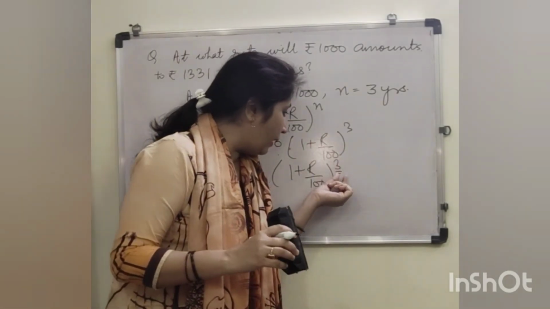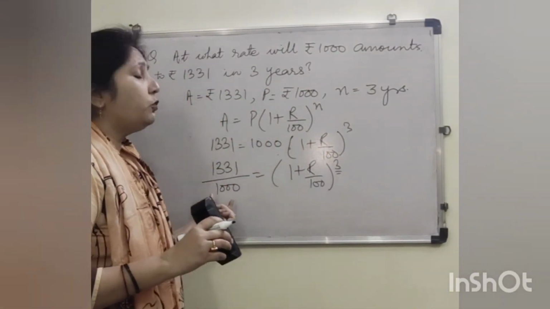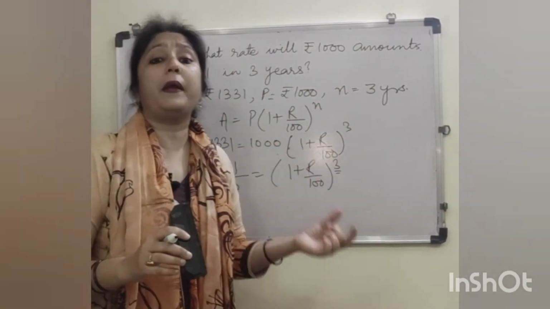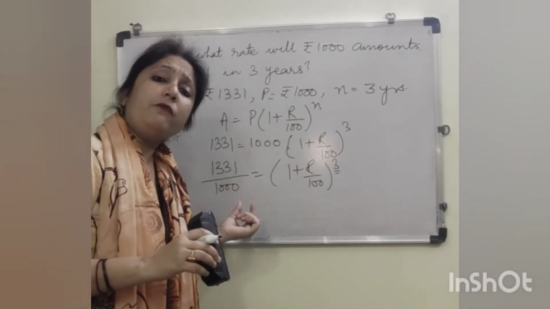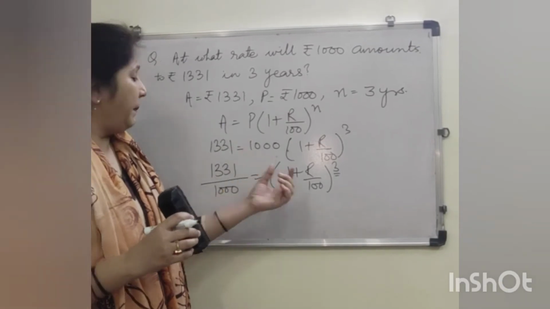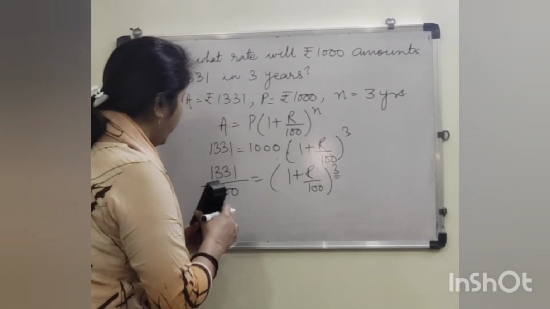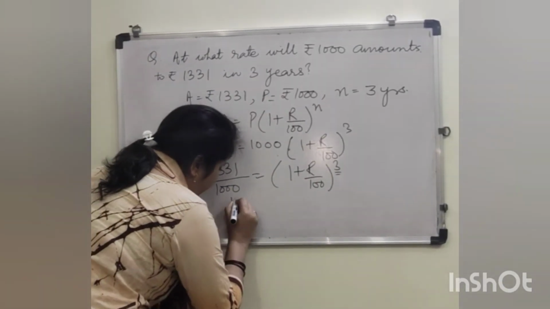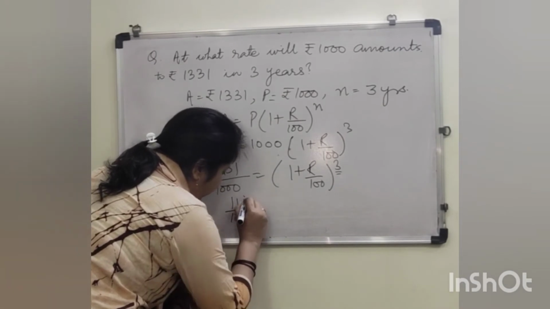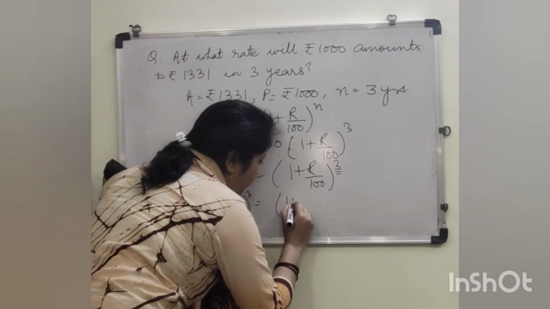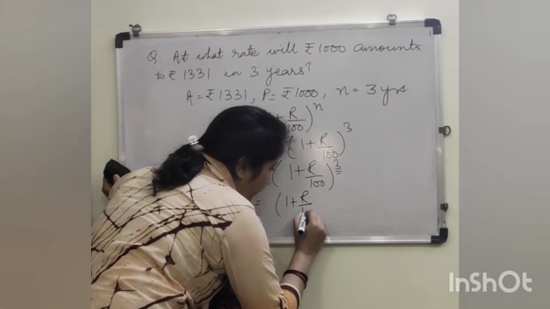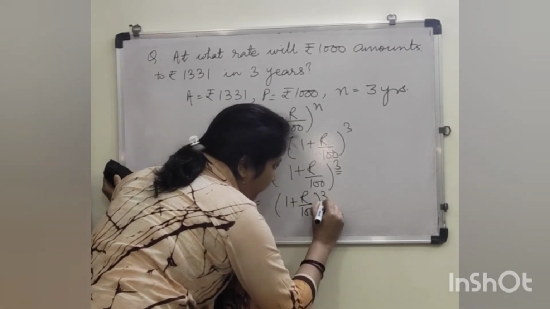If you had 2 here, then these two numbers must be squares. If you had 4, then they must be fourth powers. So depending upon this exponent, we write it as (11 by 10) whole cube is equal to (1 plus r over 100) to the power 3.